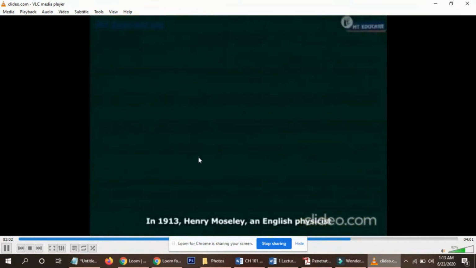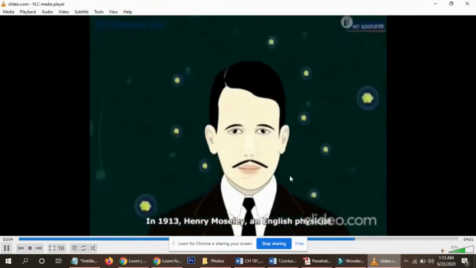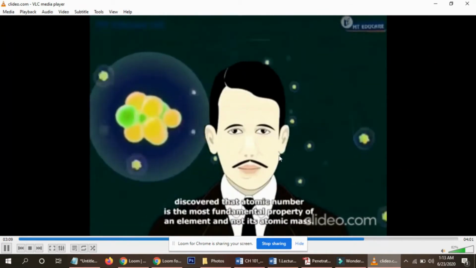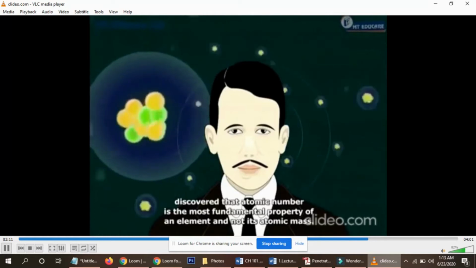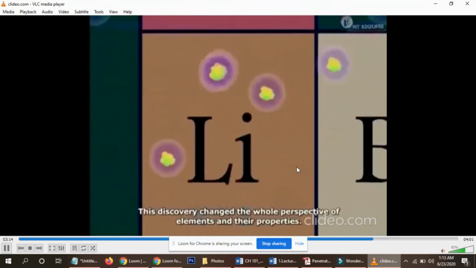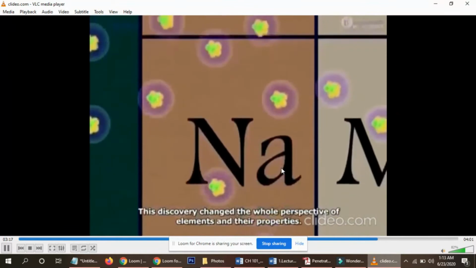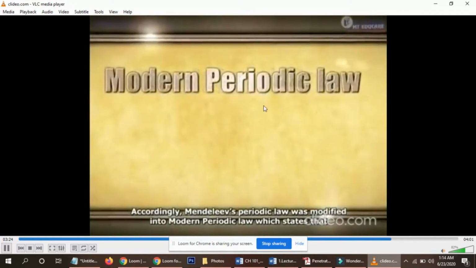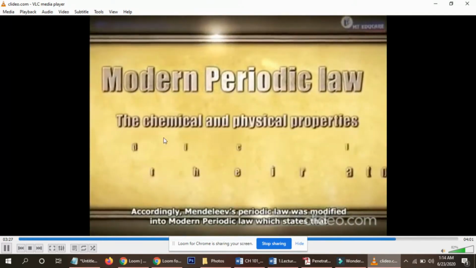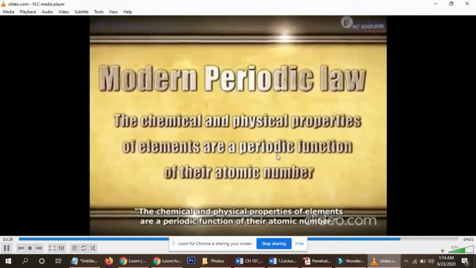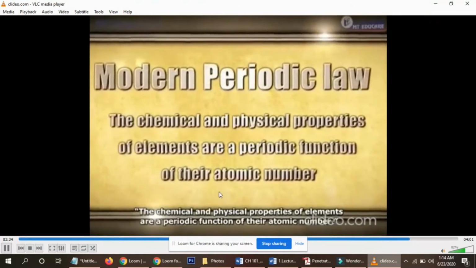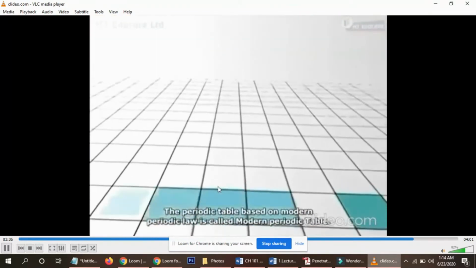Now, in 1930, Henry Moseley discovered that the fundamental property is related to the atomic number, not the atomic masses. So he arranged all the elements according to their atomic number. The modern periodic law states that the chemical and physical properties of elements are a periodic function of their atomic number, not the atomic masses.